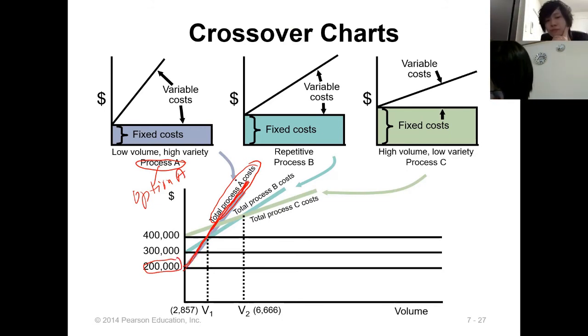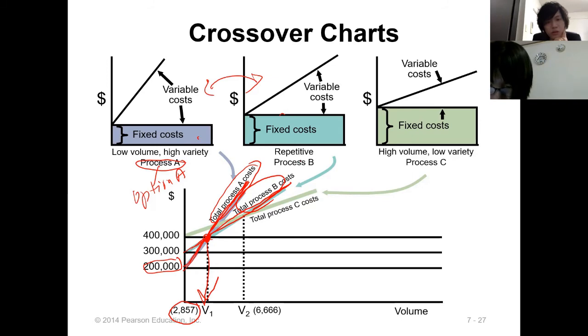What we did just now was equate these two. This total cost equals this total cost, which is this line, this point. This is total process B cost, and this is total process A cost. When you equate them, you get 2,857.